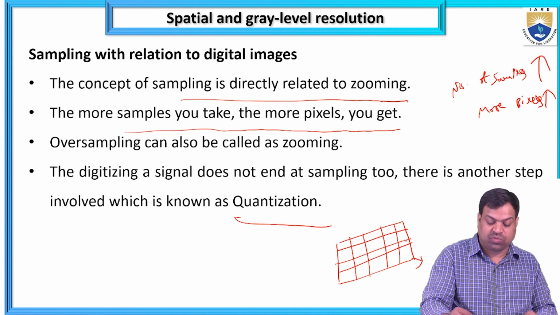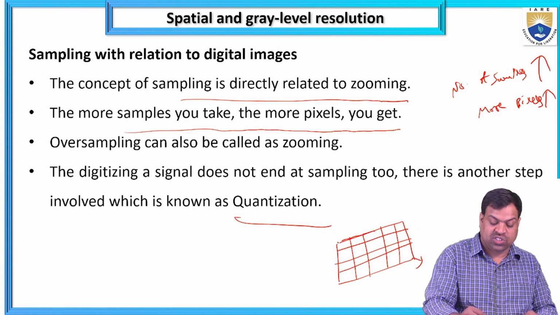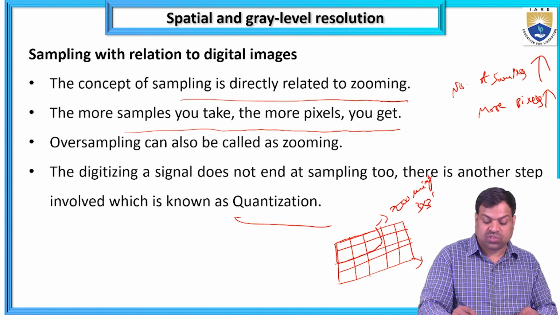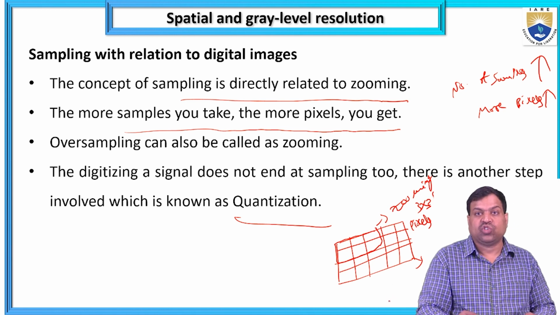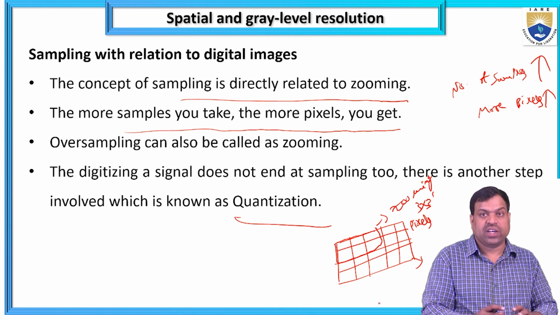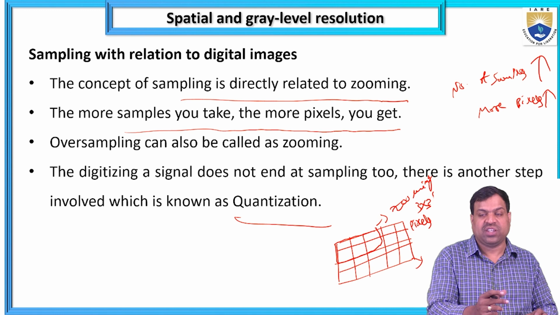Suppose I'm applying zooming to this one. First, these 3 into 3 pixels, I'm applying the zooming to. What will happen when applying the zooming? It will show a larger number of pixels in a particular image. So this 3 by 3 is shown as many more pixels.